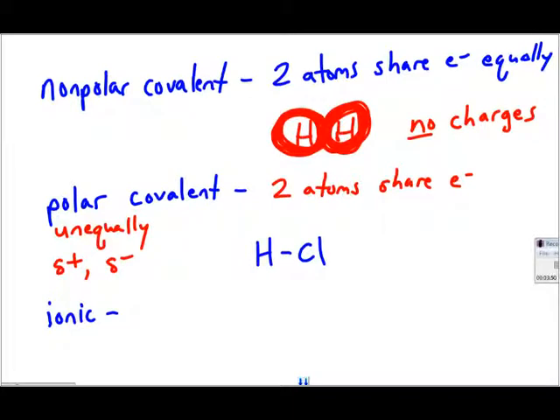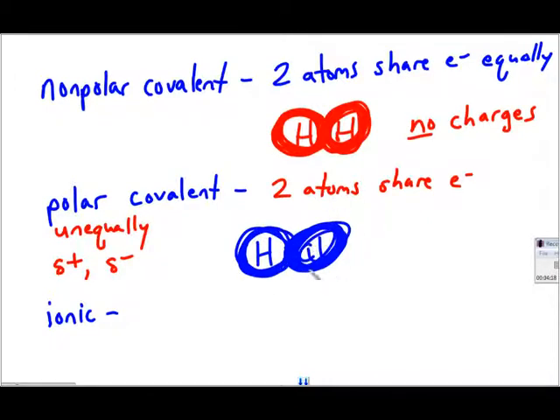Let me replace the single line here with two dots for the two electrons that they're sharing. If we map the journey of these electrons, hydrogen's the weaker, less electronegative one. These electrons might go around hydrogen once, and around chlorine four times. Hydrogen maybe twice, chlorine five times, hydrogen twice, chlorine three times, hydrogen once, chlorine five times. You get the idea.